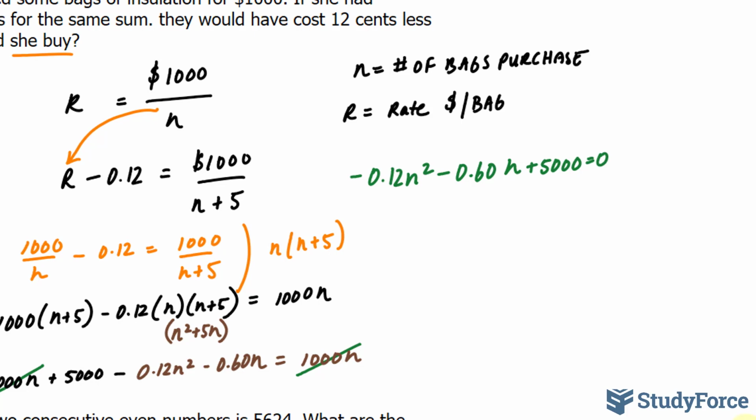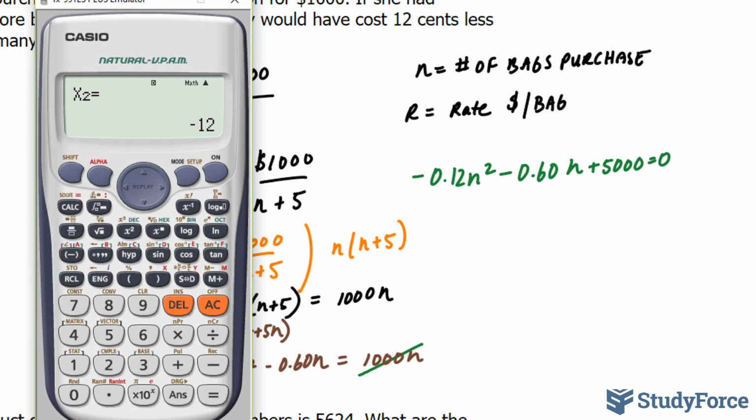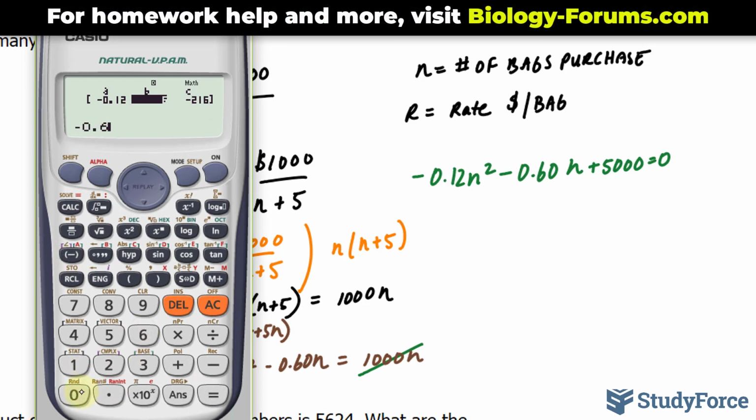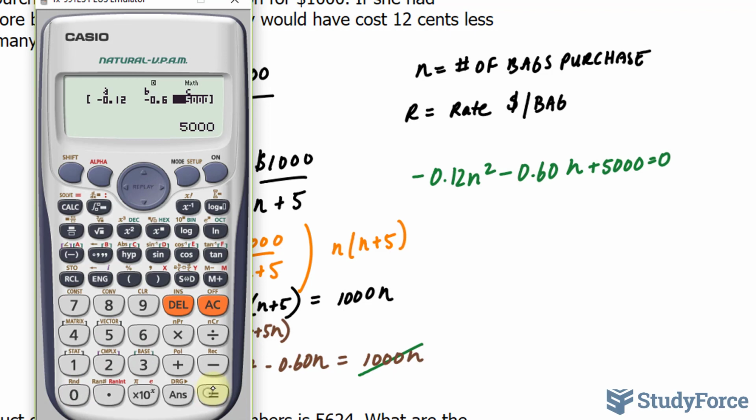At this point, you'd use your quadratic formula to figure out what N is, but I'll take a shortcut and use my calculator. I'll substitute the values of A, B, and C. So I get negative 0.12 as my A term coefficient, negative 0.60, and 5,000. You should end up with 2 solutions.